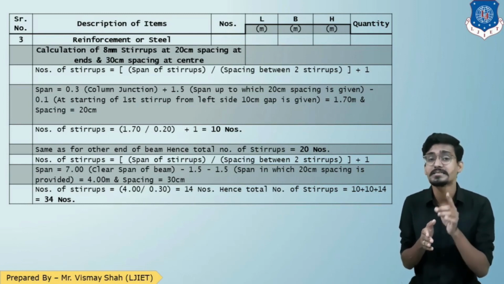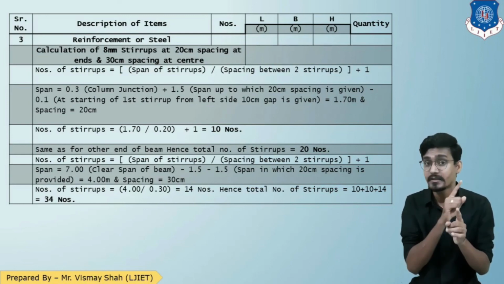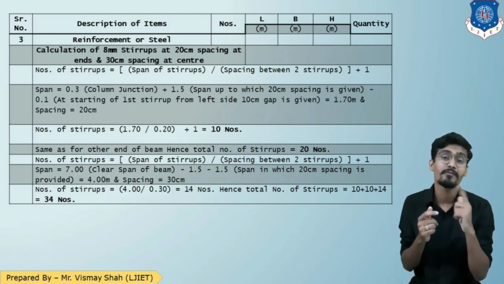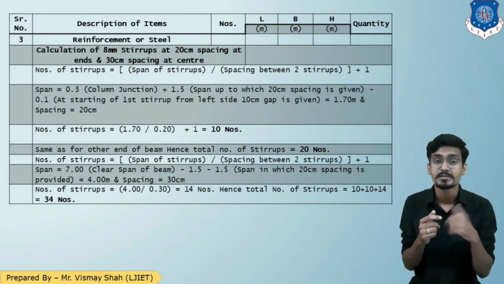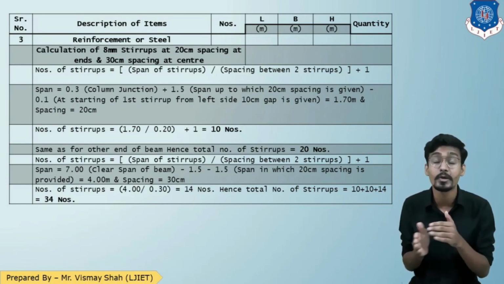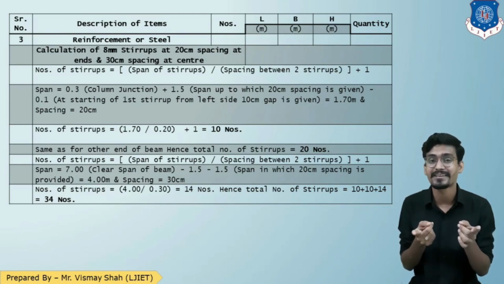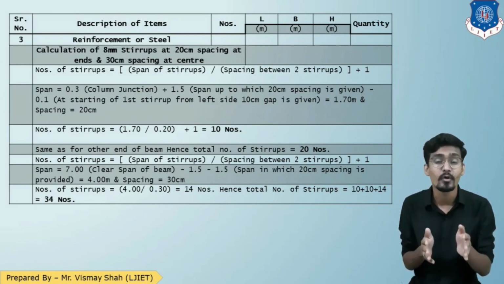Here I have not considered plus 1 because in one beam you can only do plus 1 one time only. So we have already done it in the 20 centimeter. So at the center portion we don't need that plus 1. So we'll get the number of stirrups for 30 centimeter spacing as 14 and at the ends that is 20. So total number of stirrups are 34.